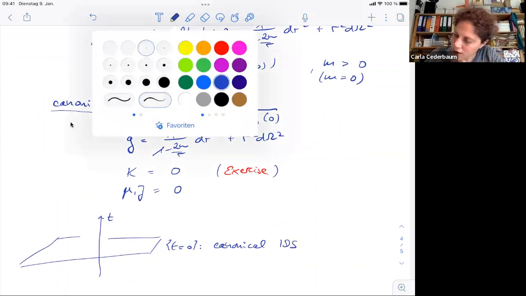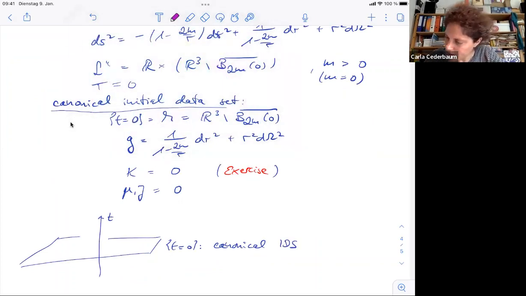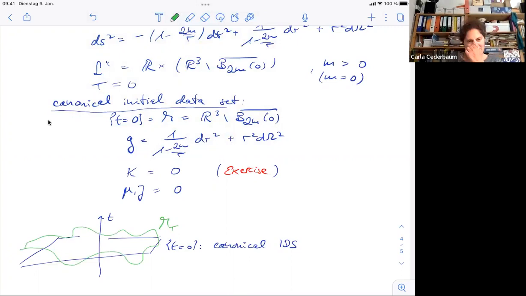And then I can look at graphical data sets. Okay. So what I'm drawing here in green will get the name M_T and will be defined as the following set: the pairs (t, x) in R times M, where t equals T of x.